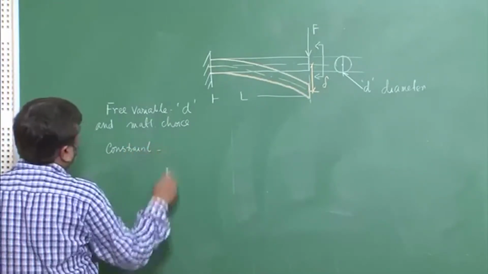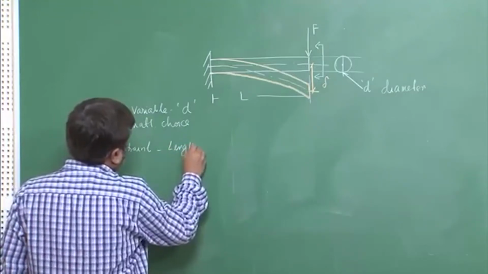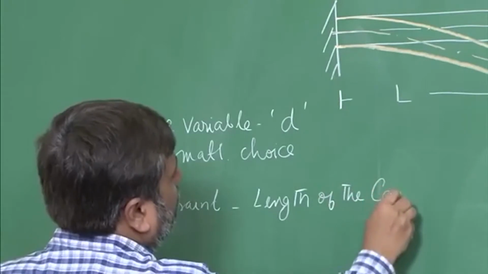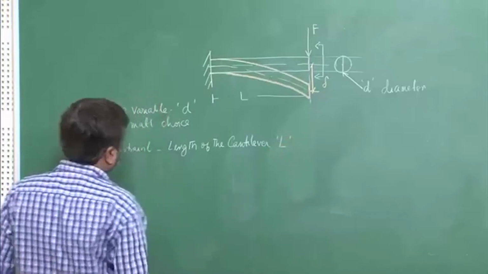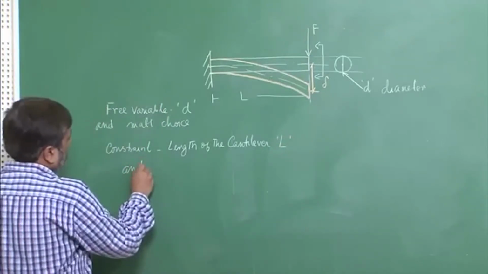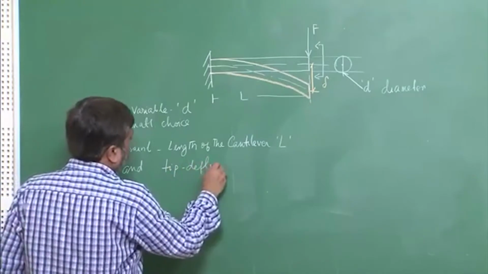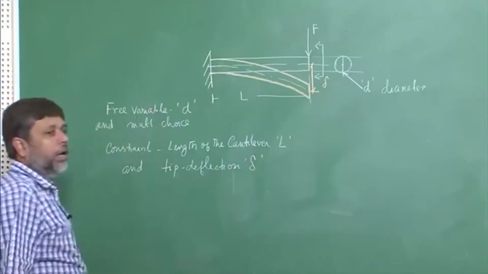What we cannot play with: the length of the cantilever, L, and the tip deflection, delta. We cannot play with these two.